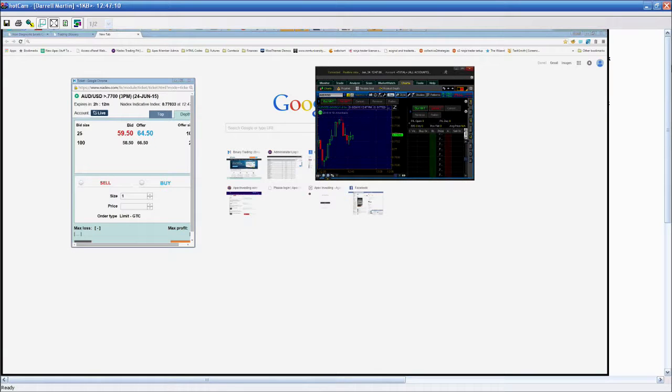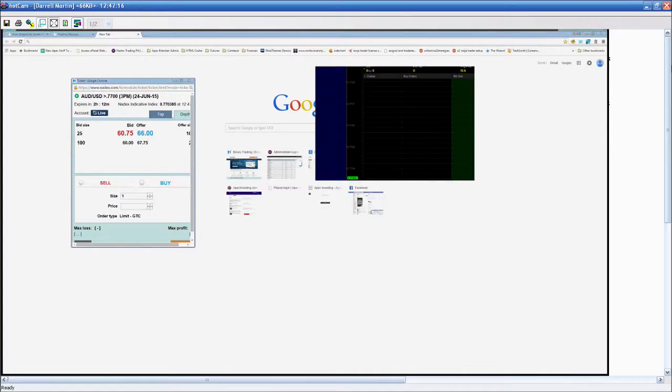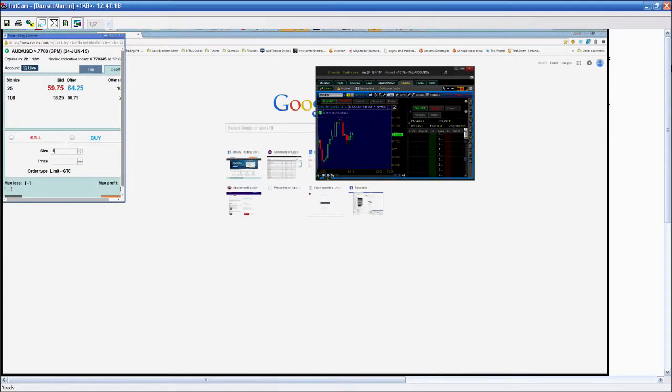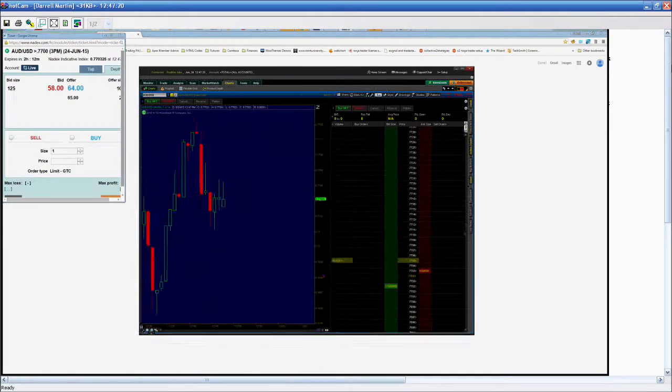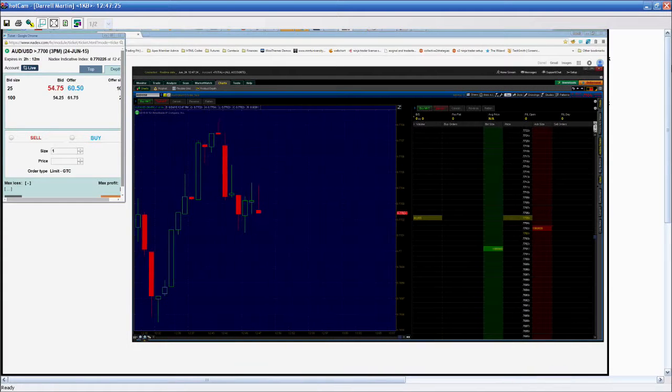I don't know why it keeps wanting to maximize underneath. But here we can just resize. Put this over here, make this big over here. I know you probably can't exactly see that because the charts aren't massive on font size. But right now it's quoting, say, 7702.